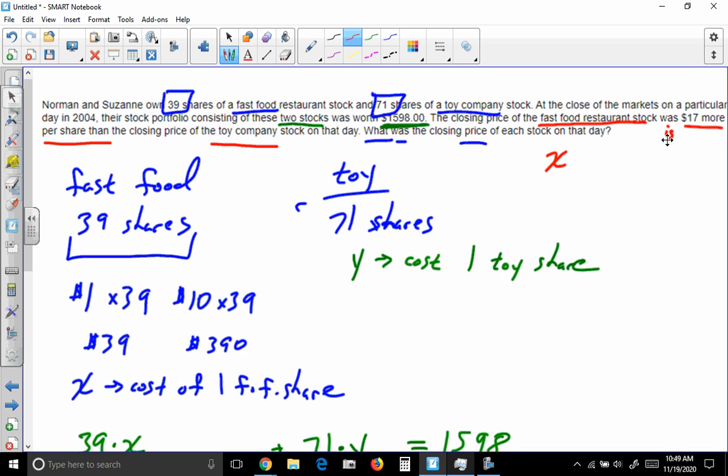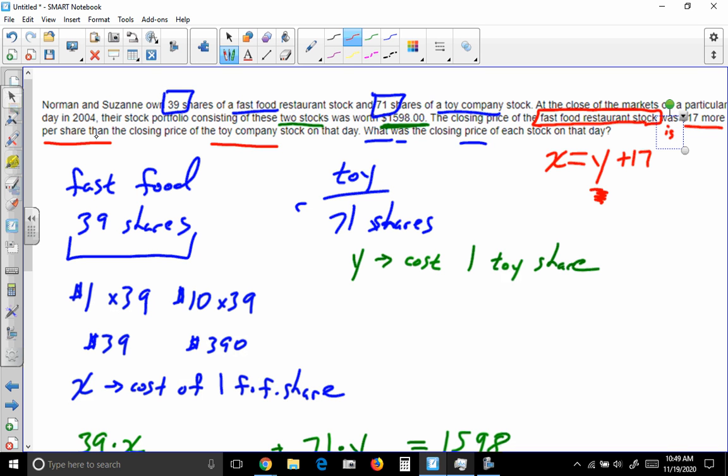Y is, or we could say is, so equals 17 more than the cost of a toy stock. The cost of a toy stock is y. 17 more would be plus 17. So if we know the cost of a toy stock, add 17 to it, and that's the cost for each fast food stock.